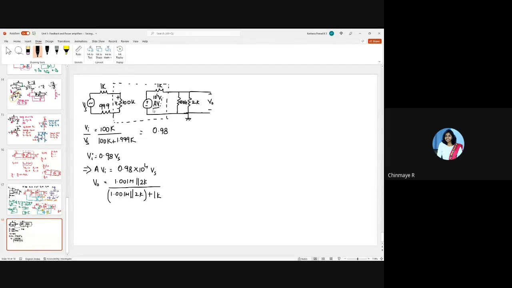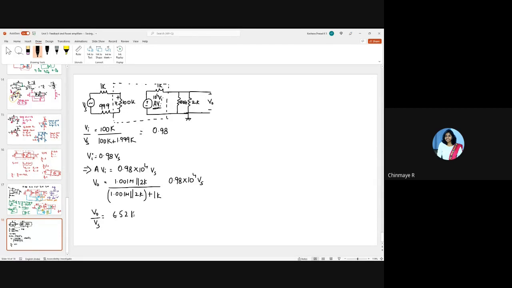The input to this is A Vi, and we have already calculated it: 0.98 into 10 power 4 Vs. So now please calculate what is V naught by Vs and tell me. Ma'am, V naught by Vs is 6.52 kilo ohms. Okay, that's right. Thank you.